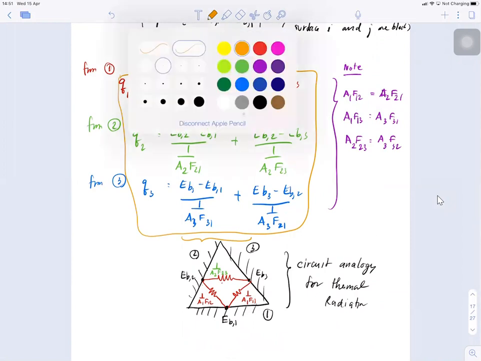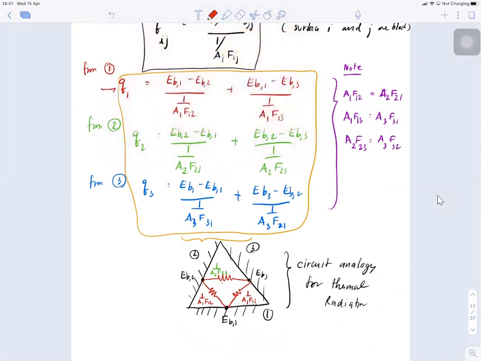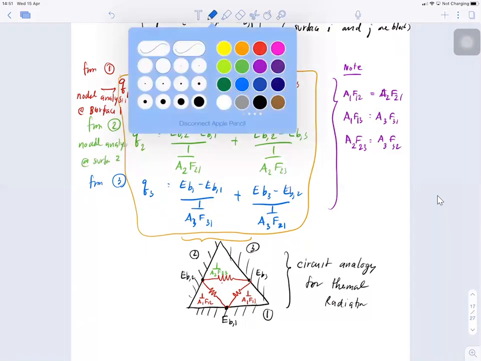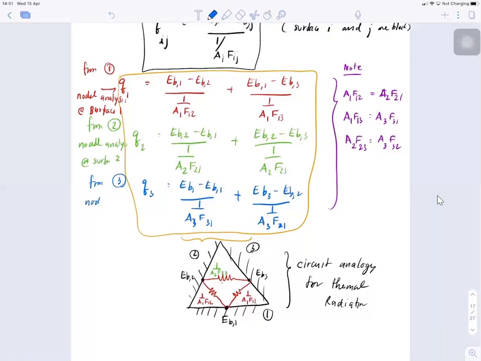So this is nodal analysis at surface 1. The green one is nodal analysis at surface 2. Blue one is nodal analysis at surface 3. Okay.